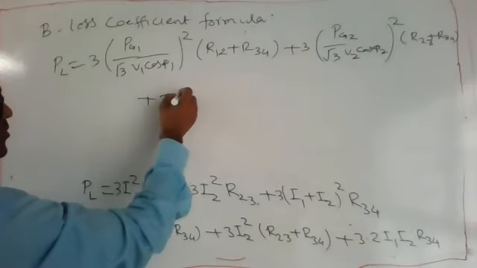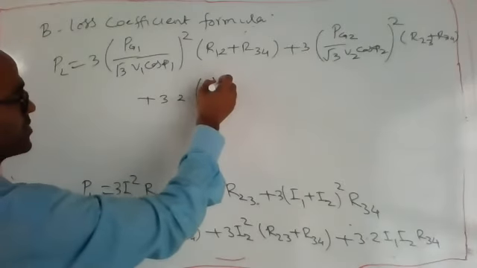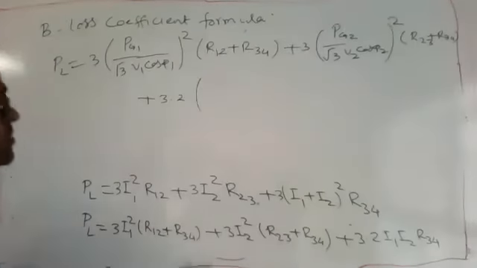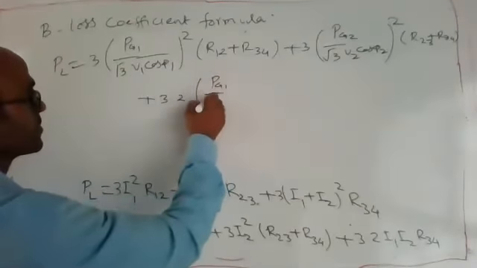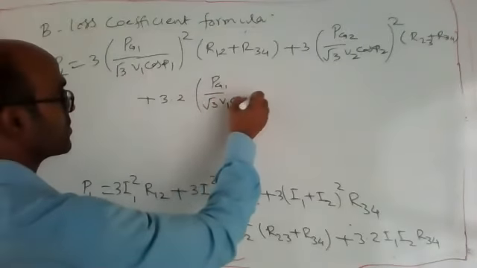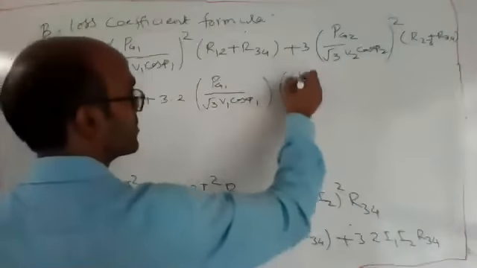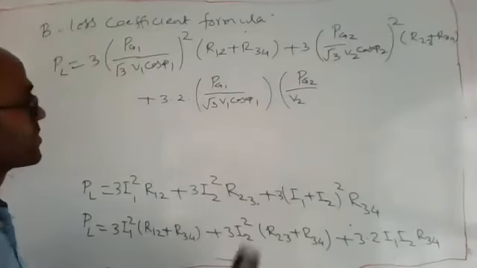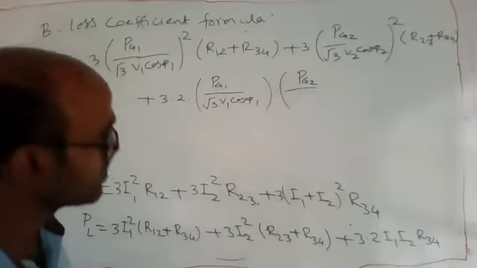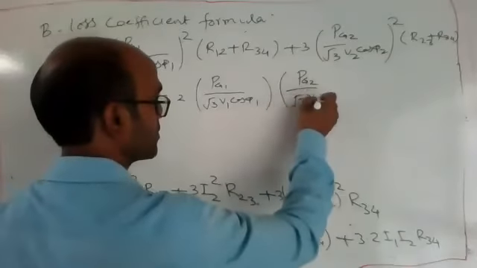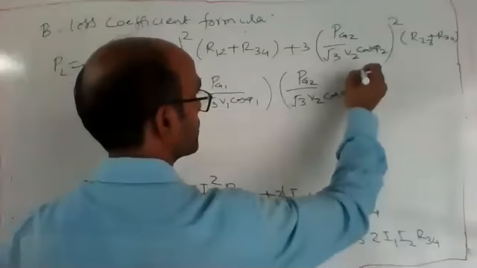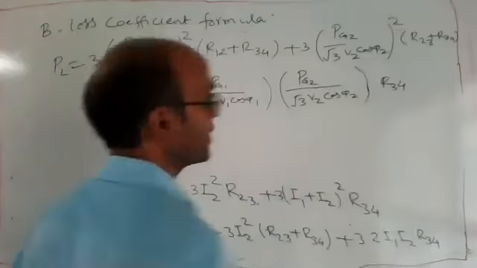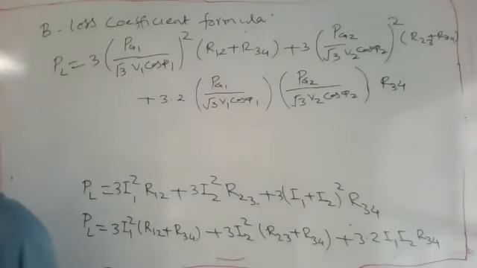This is 3 into 2 into I1, which is PG1 by root 3 V1 cos phi 1, and so on, into R34. So you will get this after this.